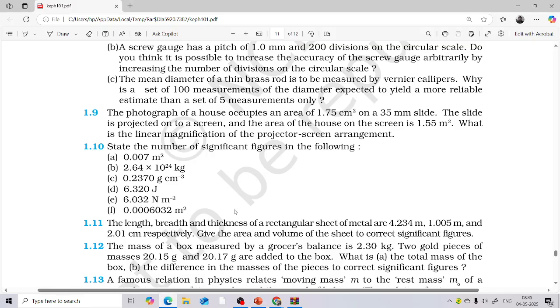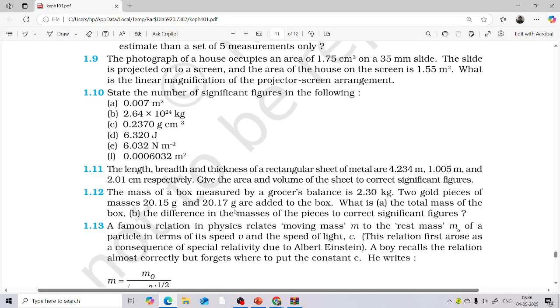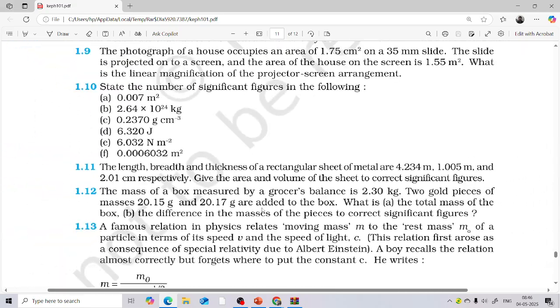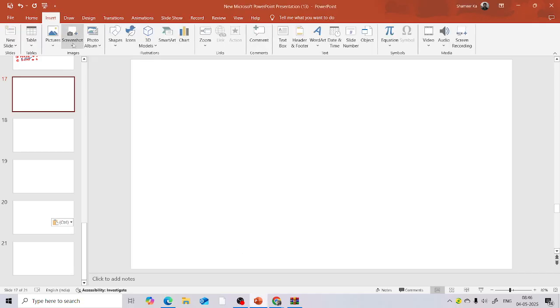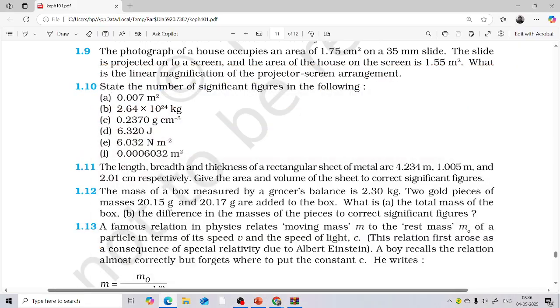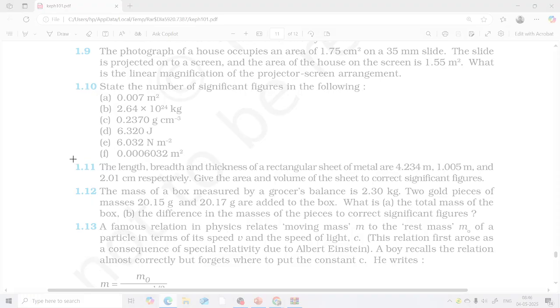Find the volume, find the area, find the density, but they will add one condition: write your answer up to correct significant figures. So you have to understand the rules. Let me discuss one question. I will explain that rule with the help of an example.